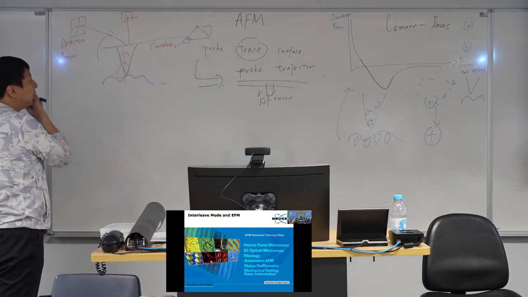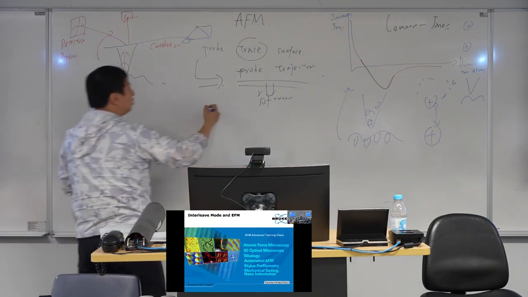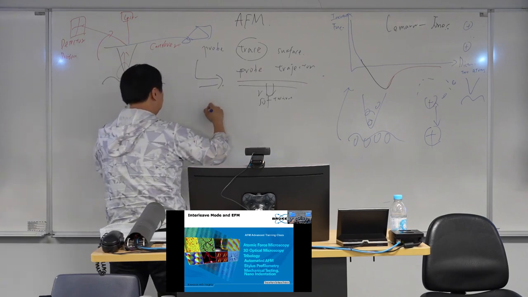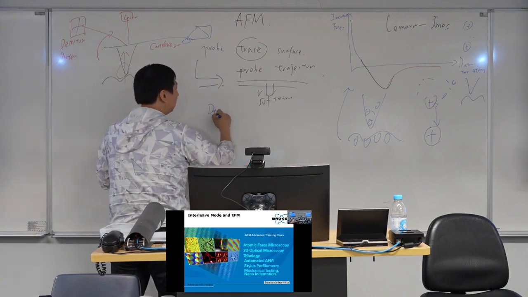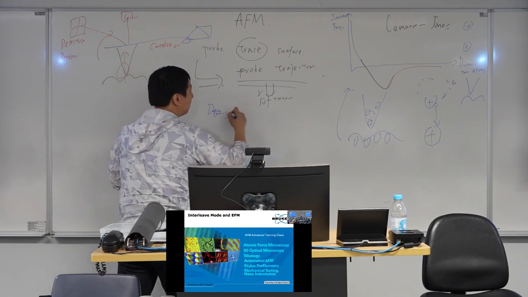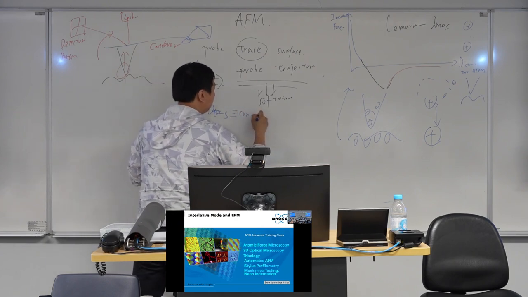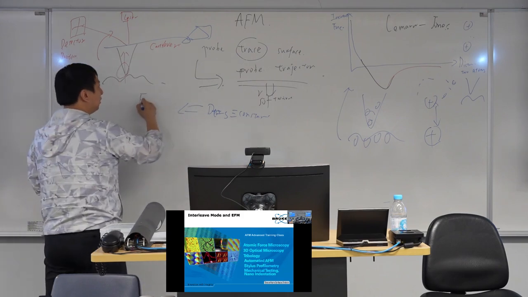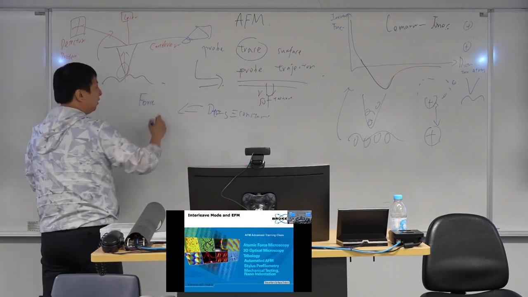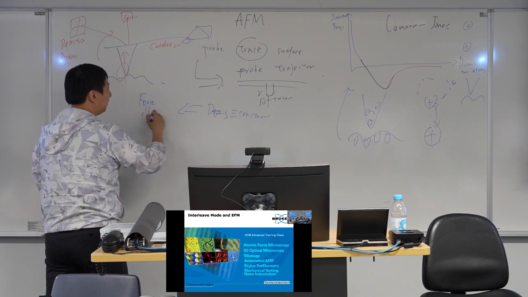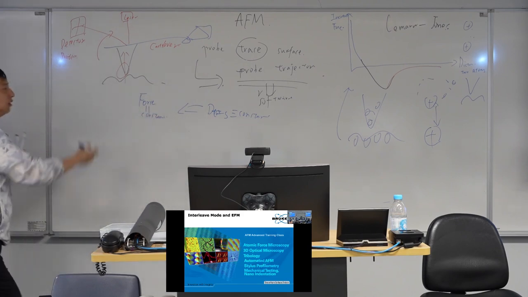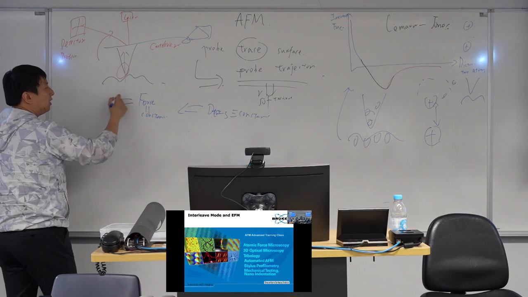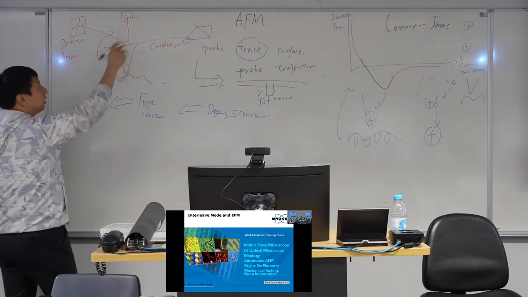So we would like to keep the tip-sample distance as a constant. We transfer it into the force as a constant. And then the force, we measure it as the deflection of the cantilever.